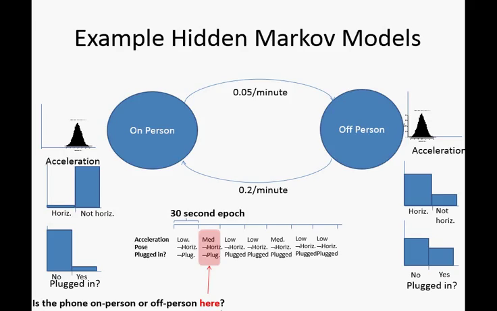We'll estimate the fraction of time that it's horizontal versus not horizontal, the fraction of time that it's plugged in or not. And we'll do that for each state in turn, for off person similarly.